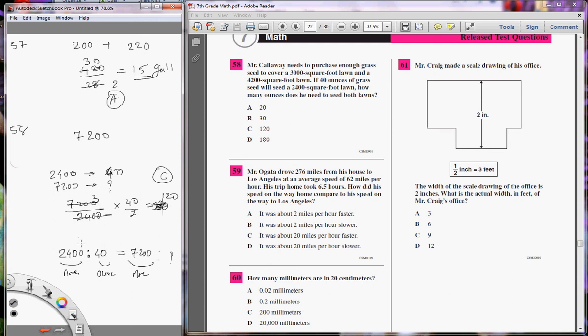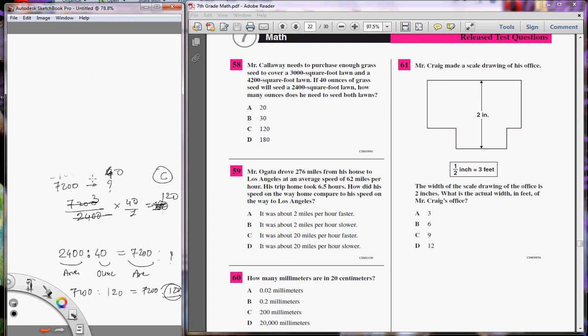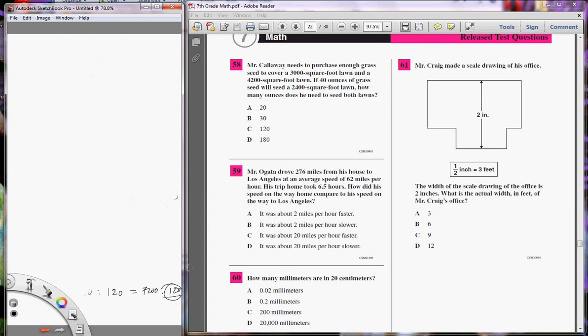If I multiply both by 3, this will be 7,200 and this will be 120. So that will be the answer to question number 58.